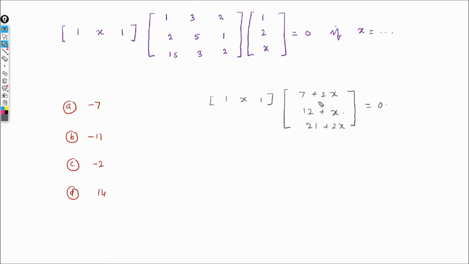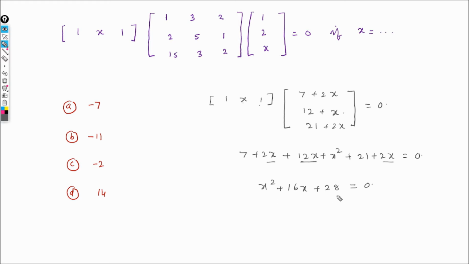Now multiplying these two matrices. Here 7 plus 2x plus x into this 12 plus x, square plus 1 into this 21 plus 2x is equal to 0. So this is x square plus this is 16x plus that is 28 is equal to 0.